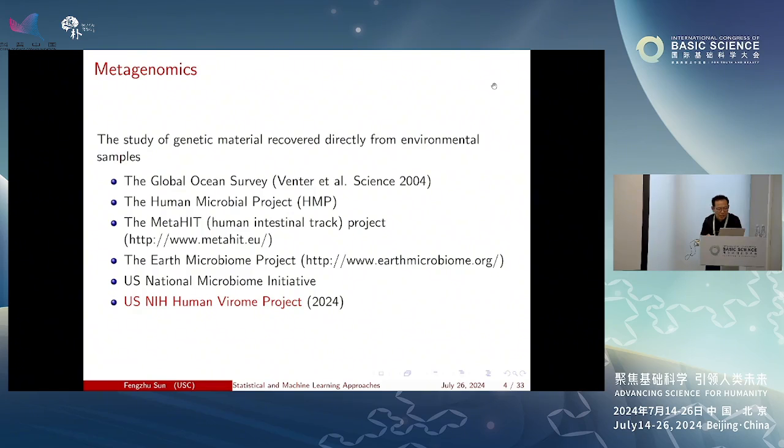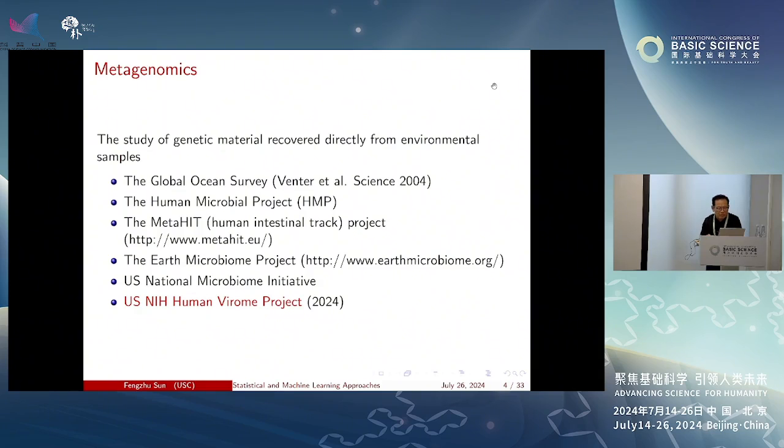About 20 years ago, Craig Venter, I think many of you know, sequenced the human genome. After he sequenced the human genome, he went to the ocean and did the global ocean survey. And that started the microbiome project. He used those sequencing technologies to survey all those different environments.